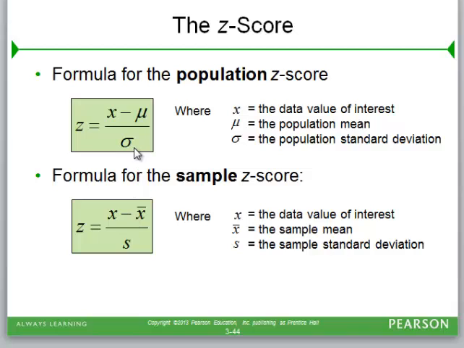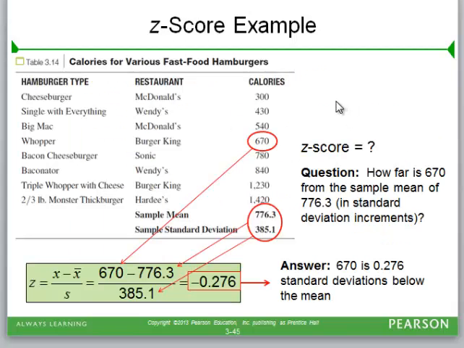See, now you understand why I keep telling you to keep this in your mind. We're going to use that a lot, so you should know what each letter represents. This is the population mean, this is the sample mean, this is the population standard deviation, this is the sample standard deviation.